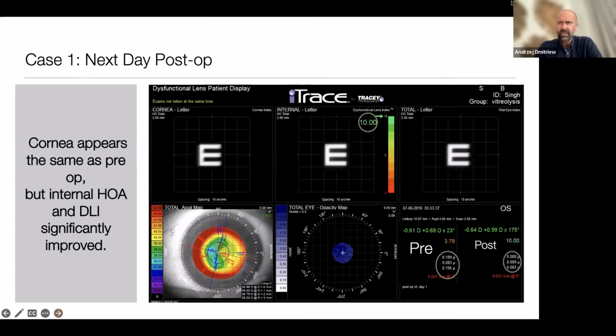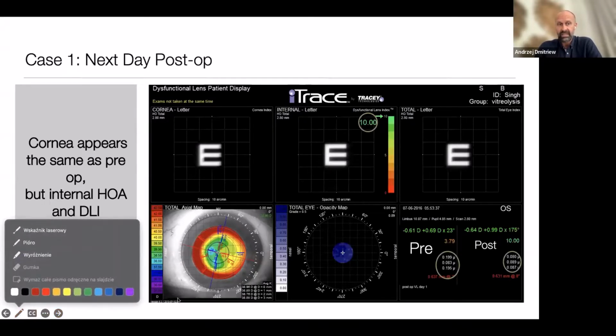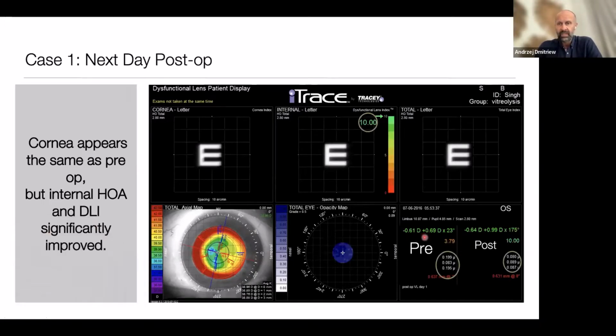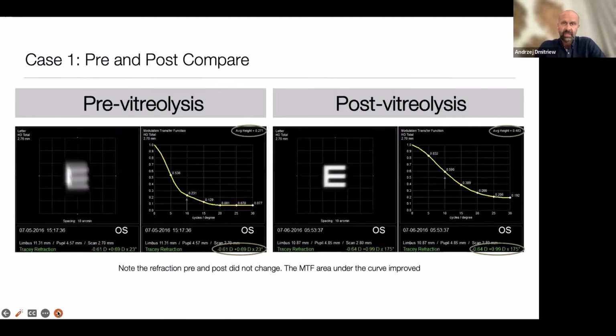At the same time, it's reasonable to take a look at higher order aberrations just to recognize what's going on, whether it really helped us in what's happening to the perception of light in patients' eyes before the procedure and after it.